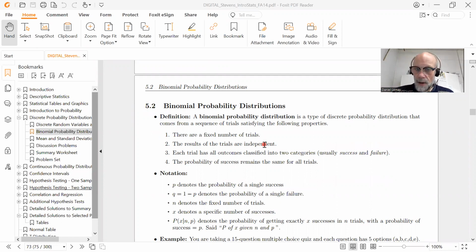Each trial has to be independent. Each trial has yes or no answers. If there's more than two outcomes, it's not a binomial distribution. And the probability doesn't change. These are kind of the same ideas, but not necessarily. You've got to check these 4 things to make sure it's a binomial distribution.